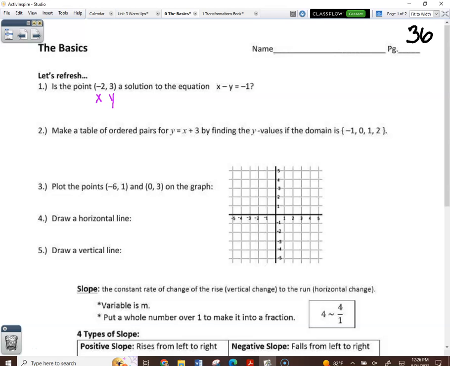All right, so if we go to plug it in, x is -2, y is 3. Bring the right side down. What is -2 minus 3? -5. And does -5 equal -1? No. So no, it's not a solution.